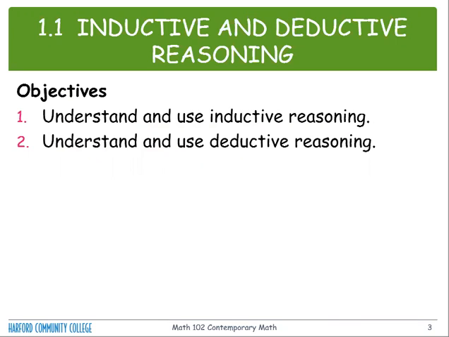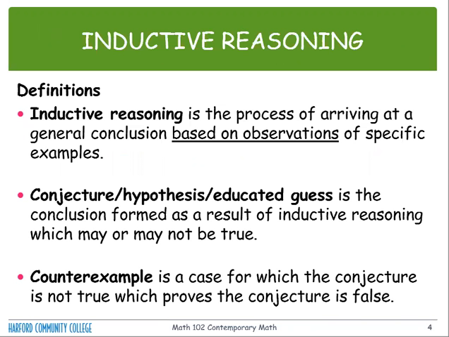For inductive and deductive reasoning, by definition, inductive reasoning is just the process of thinking to arrive at a general conclusion. The conclusion is based on observation, whatever you think for that situation. It's called inductive reasoning.